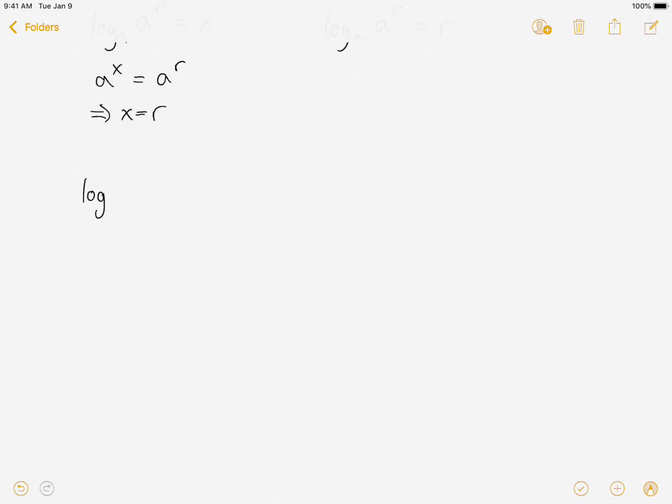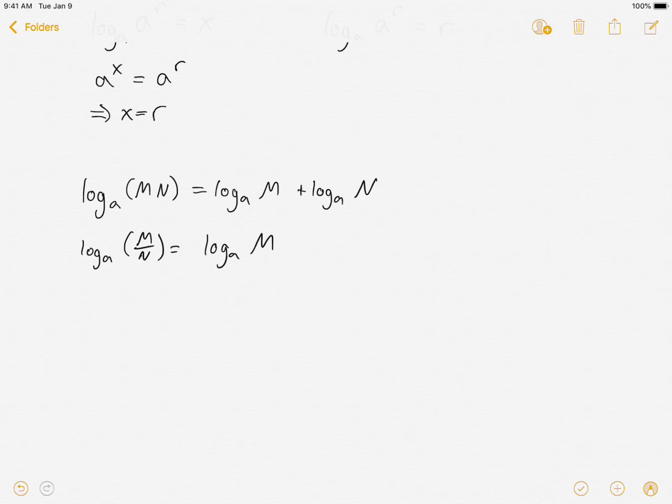And these kind of go back to the exponential properties, where if you are multiplying two exponentials with the same base, you add the exponents. So if you have log of two things multiplied together, we can split that up into two logs with them added. So if they're multiplied, they're added, and if they are divided, it's going to be subtraction.